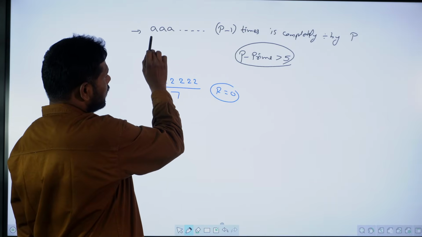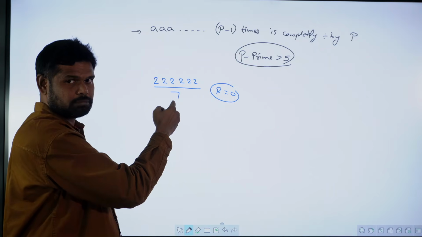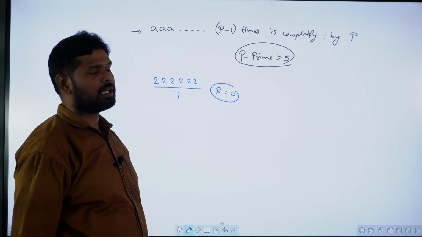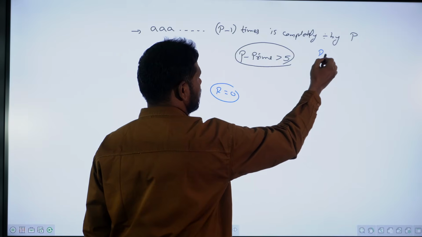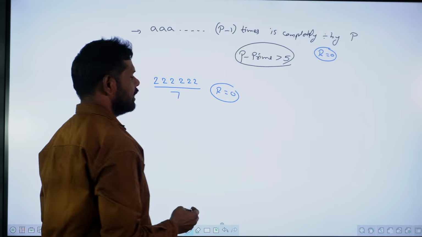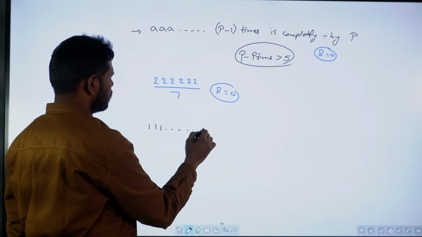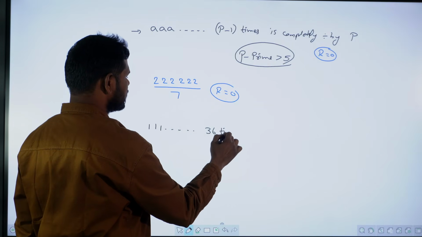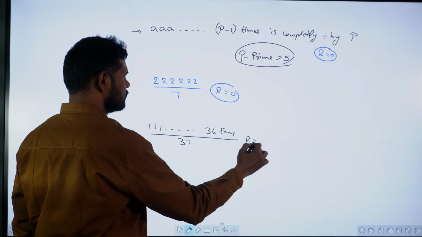Any digit repeated 7 minus 1 times, that is 6 times, then what is the remainder? Completely divisible by P, so the remainder is 0 here. Suppose I write 1, 1, 1 and so on up to 36 times is divided by 37. What is the remainder?